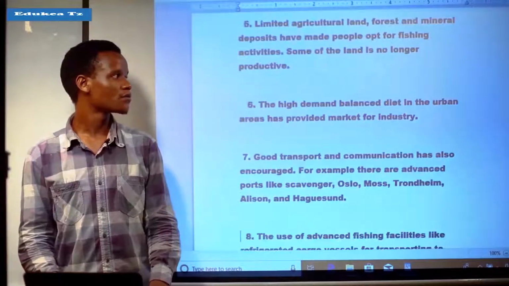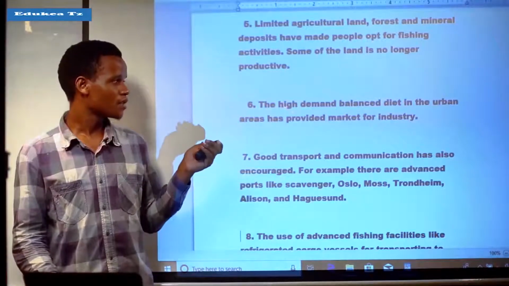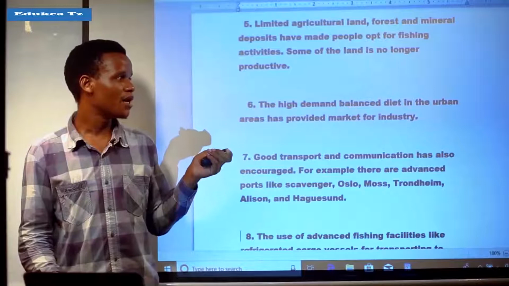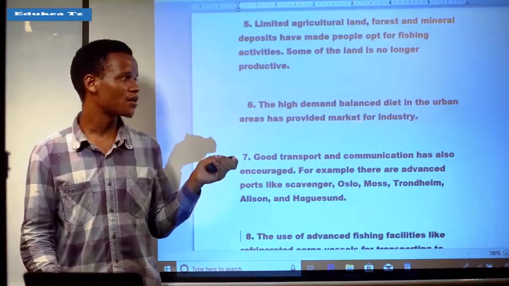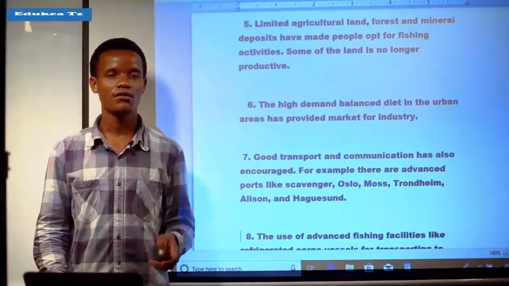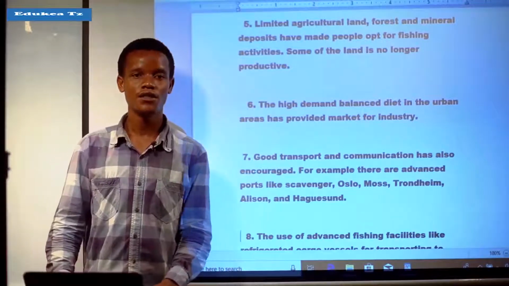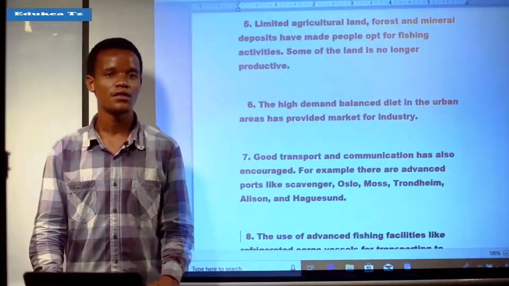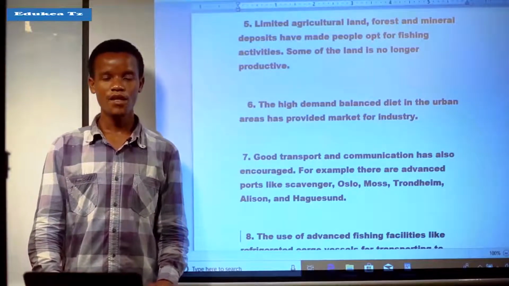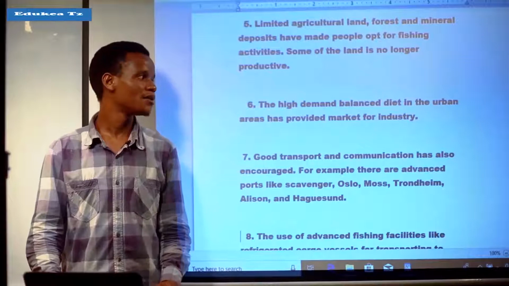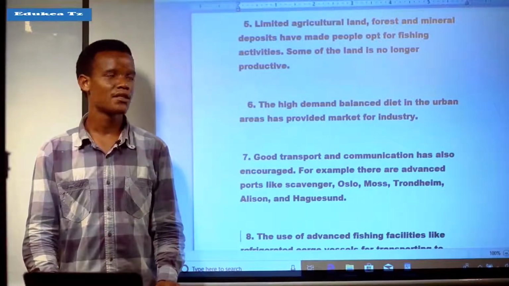So also the high demand for a balanced diet in the urban area has provided a market for the industry. As we know, fish is a food that many people depend on. So the people who are living in urban areas demand a balanced diet.